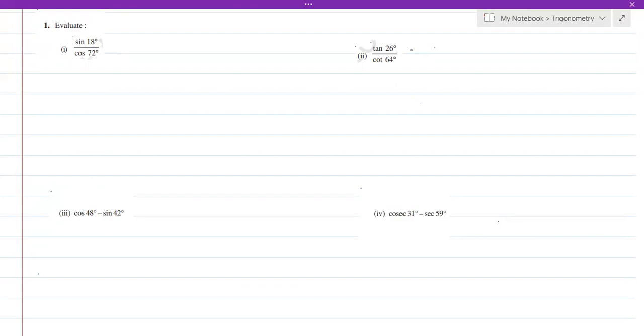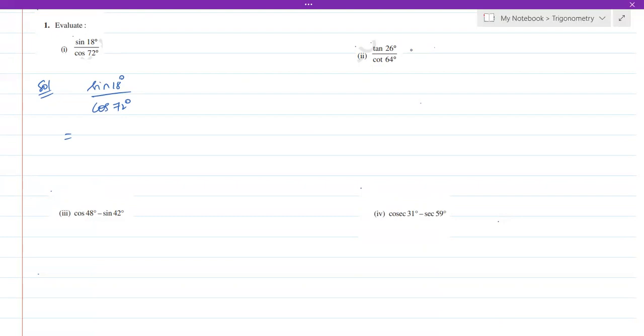The given question is sine 18 degrees by cos 72 degrees. We are going to use the complementary angles formula here. Use the formula only for the numerator or only for the denominator, not for both. You keep one thing as it is and change the other.